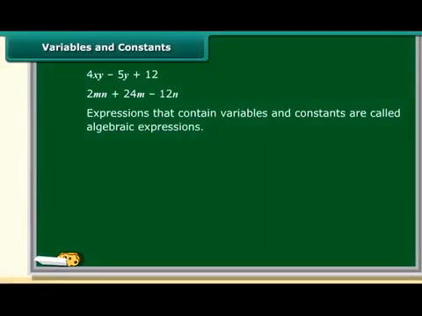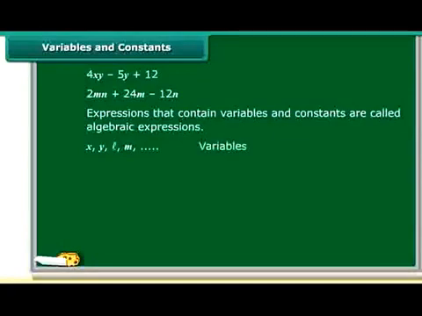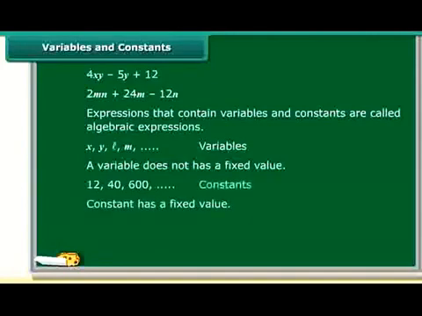Expressions that contain variables and constants are called algebraic expressions. The letters such as x, y, L, M and so on are used to denote variables. A variable can take various values and its value is not fixed. On the other hand, a value that does not change is a constant.